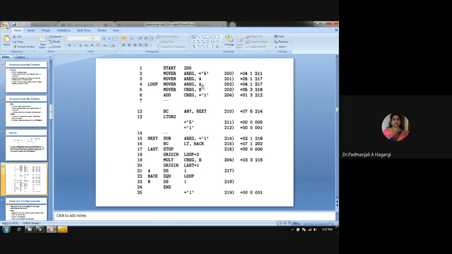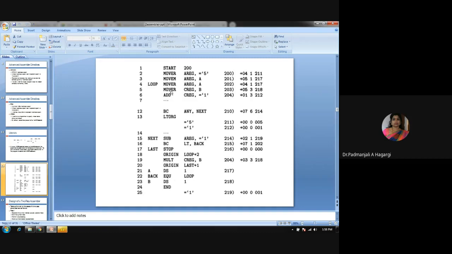A is pushed onto the symbol table, but right now it is placed as a dash because A is treated as a forward reference.